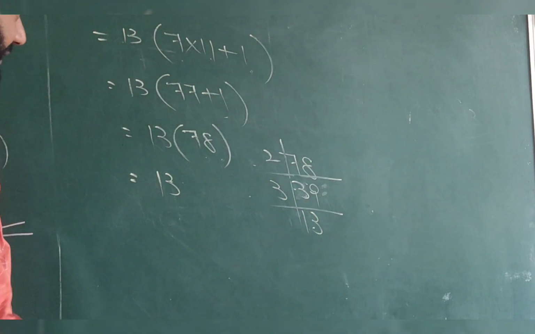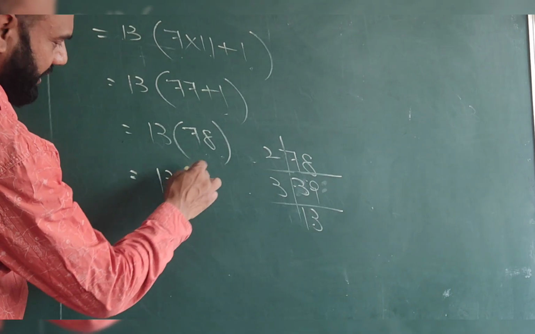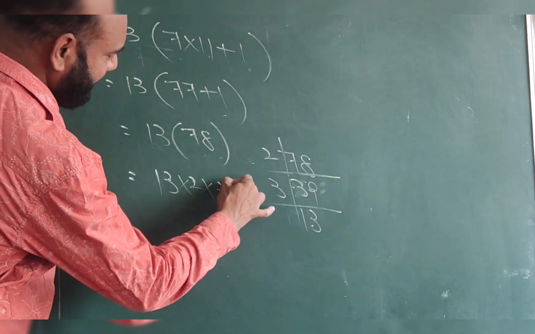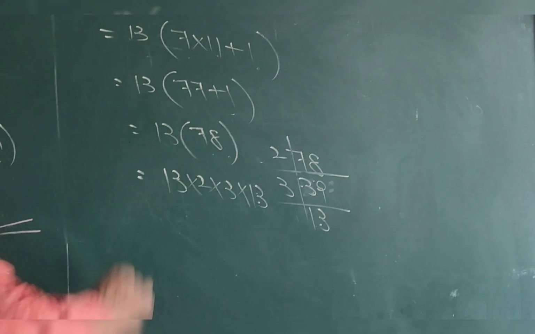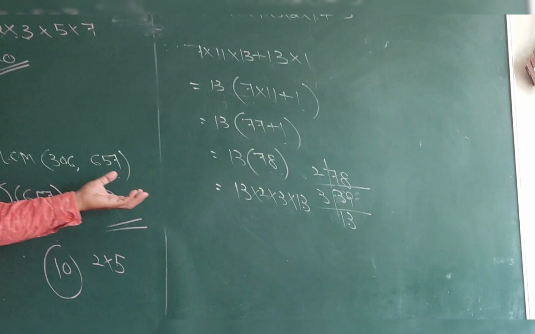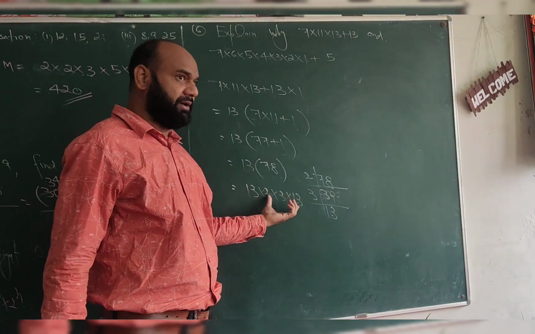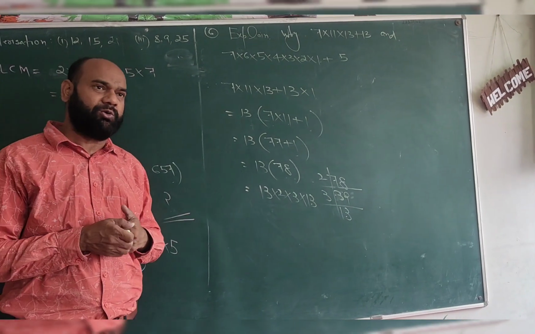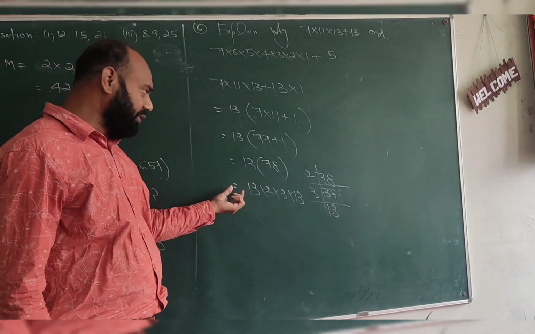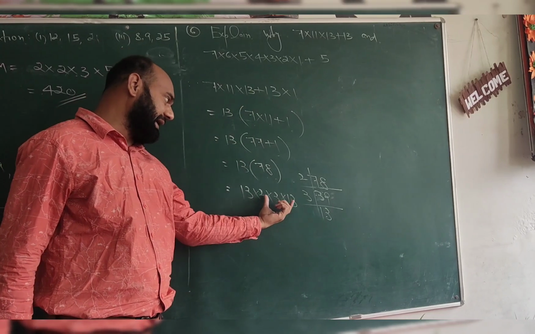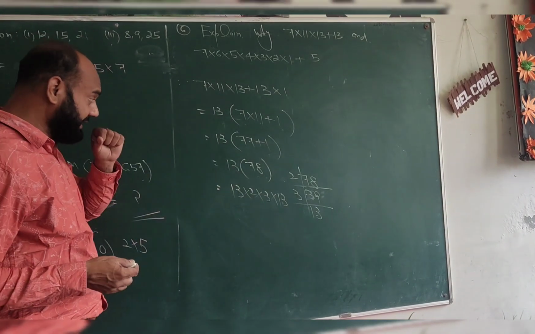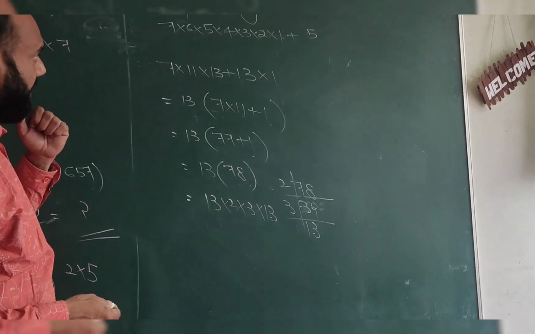So its factorization is 2 multiplied by 3 multiplied by 13, and we see here it is a composite number, because we know that a number which has more than 2 factors is said to be a composite number, and this number has 4 factors. So it is a composite number.